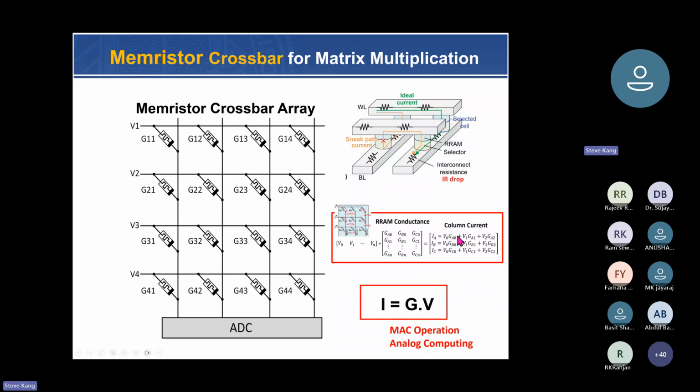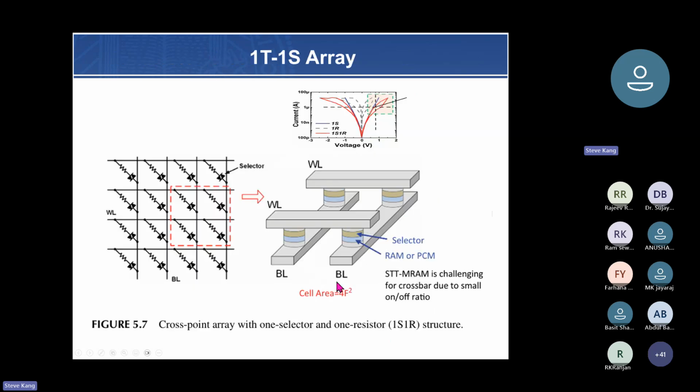So you don't need an addition operation. Multiplication is already happening according to Ohm's law. Tremendous savings. So I equals G times V, a matrix-vector operation, is happening in this crossbar array. Analog computing, this is a big thing, actually. That's where you have some appeal of the memristor crossbar array.